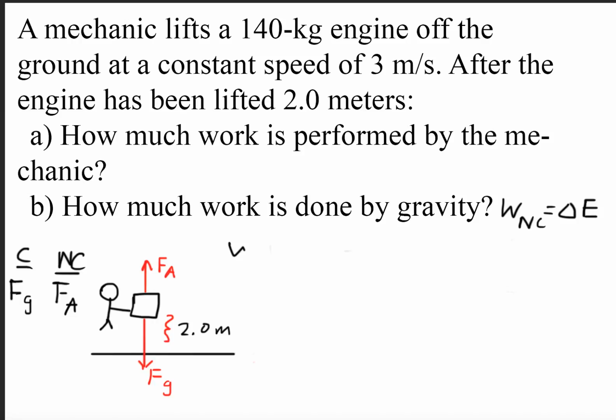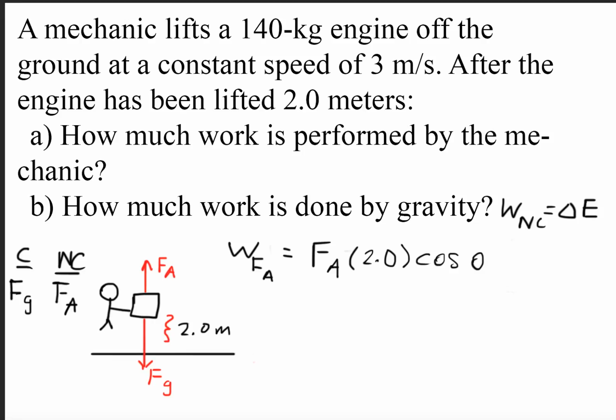And that is because if we momentarily think about work done by the applied force, we have the applied force multiplied by the displacement of 2 meters times the cosine of 0.